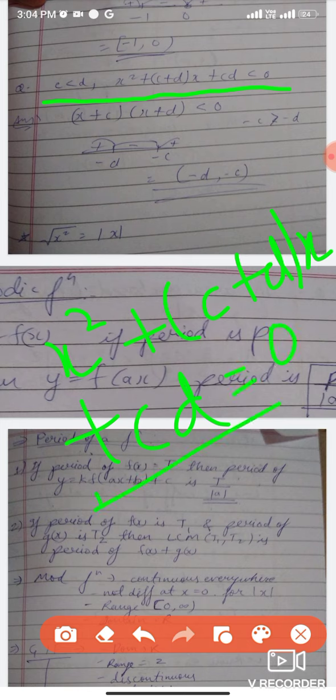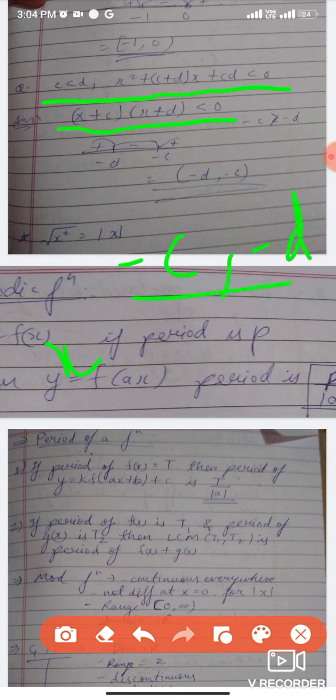From here you can simplify this into (x plus c)(x plus d) less than 0. Again you get the values minus c and minus d.